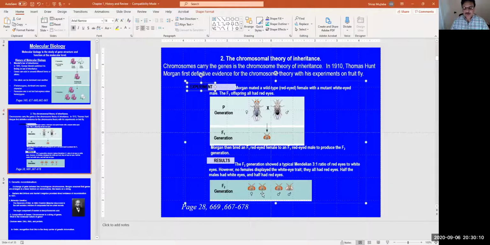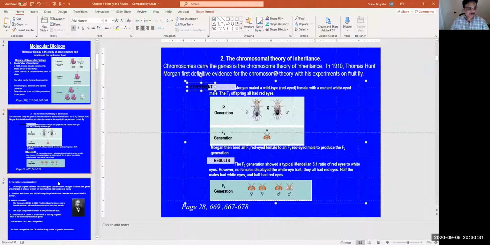When you look at the phenotype in the F2 generation, which is the eye color, it is 3:1, very similar to what Mendel observed in pea plants.